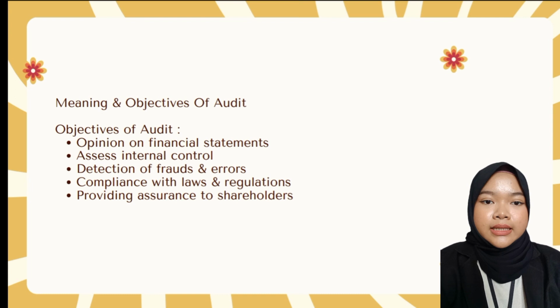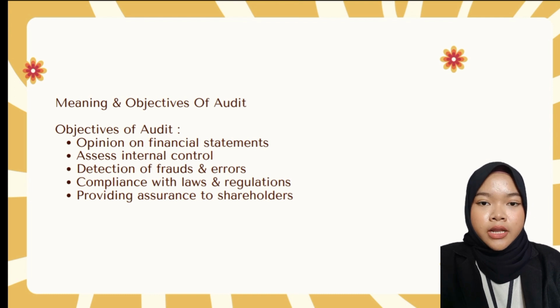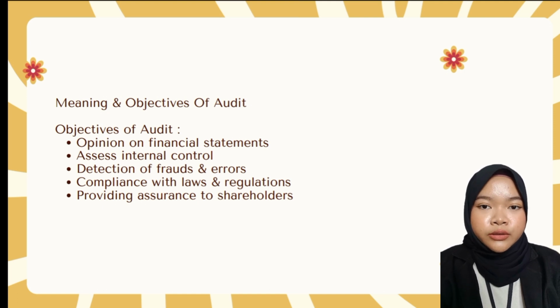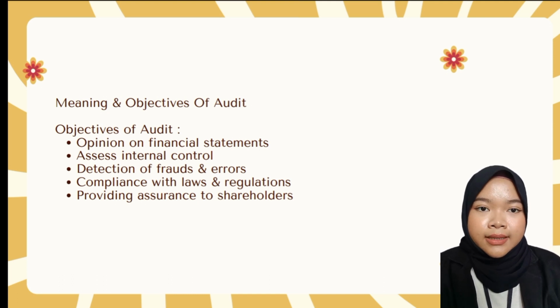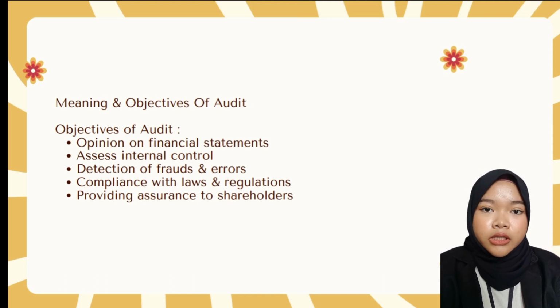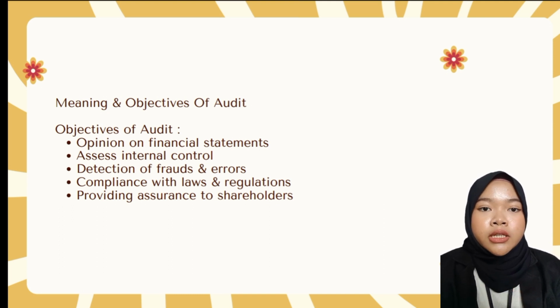The third one is detection of frauds and errors. While pursuing subsidiary audit objectives, auditors look for errors in the financial information provided by the company. They identify if the records include any errors, such as errors of omission, commission, principle, and compensating errors.